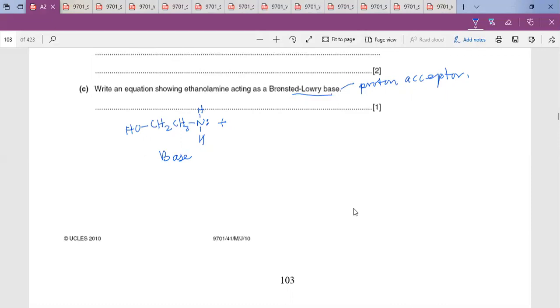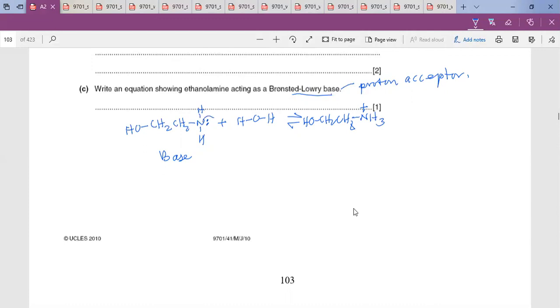You can use HCl, you can use water, whatever you like. If you use water, which sometimes they put, it is reversible. You will get your OH, CH2, CH2 and NH3 positive.